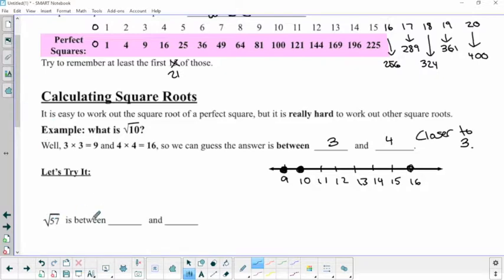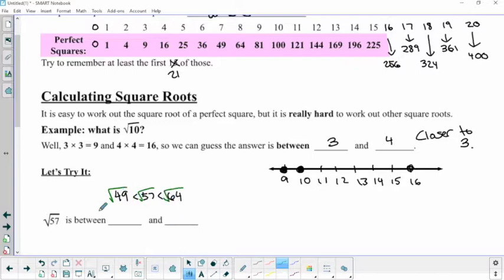So square root of 57. I have to think of a perfect square below 57 and a perfect square above 57. 57 is between 49 and 64. So that means that the square root of 49 is less than the square root of 57, which is less than the square root of 64.